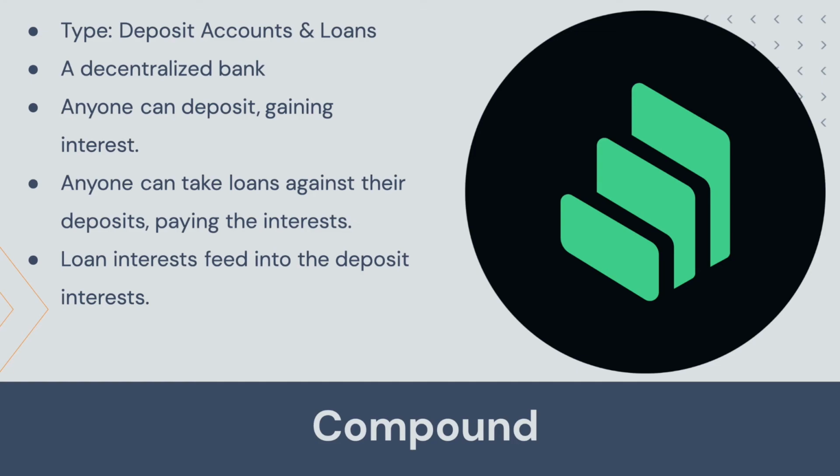You can also take loans against the DAI that's in Compound, and you pay interest for the loan. The interest you pay for the loan is fed as the interest for everybody who has deposited money. That's essentially how banks work these days.